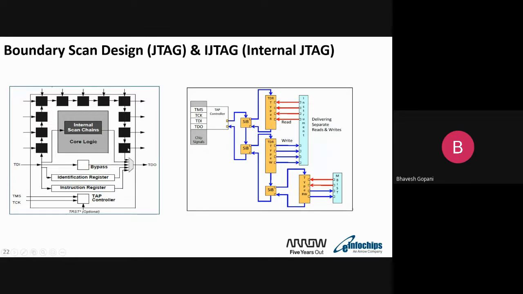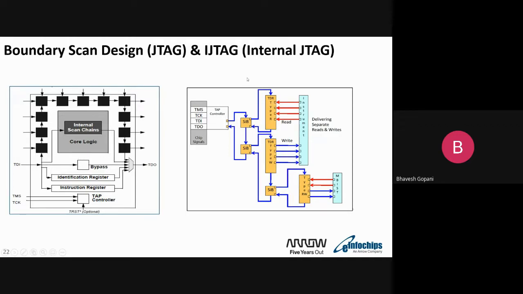These are the boundary cells, and based on the configuration we can place the data from IO, set the mode for testing, and from TDI to TDO check the output. Most people might be aware of the JTAG standard.